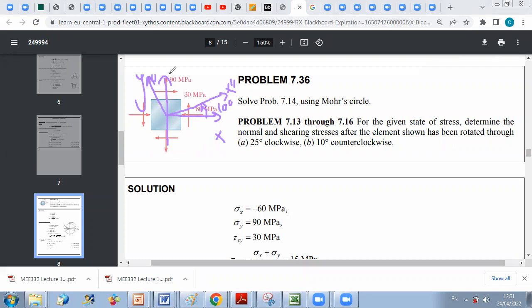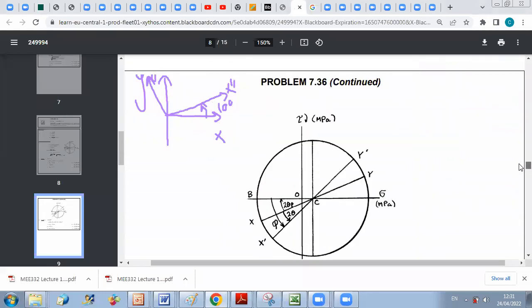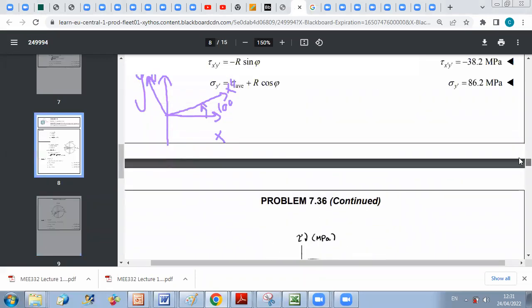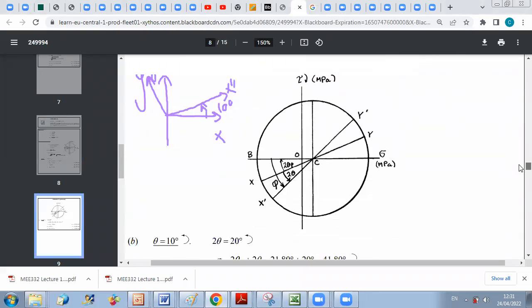So now I go back to my Mohr circle and I say, let me now rotate from X-axis an angle of 20 degrees into the counterclockwise direction. So this is my X-axis. I should rotate from it an angle 2 theta equal to 20. So this is 20 degrees. And now I want to determine what is the state of stress for axis X prime, Y prime.